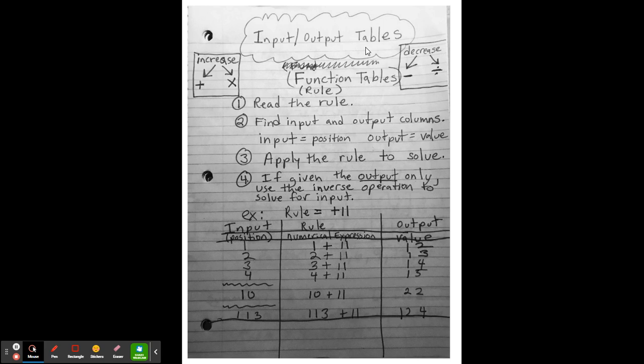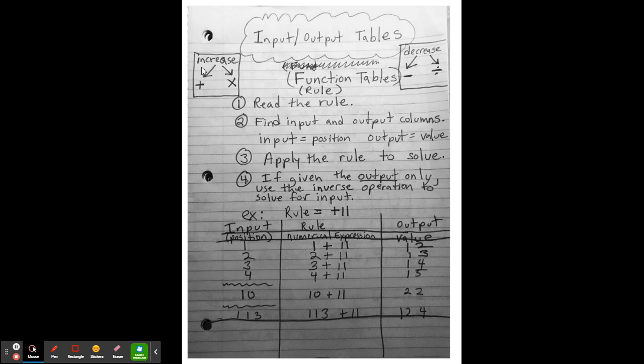And I wrote down some steps to help you make an input output table and also how to handle it if you have just the output and not the input. So let's take a look at this chart. First of all, at the top here, notice that I wrote two boxes.